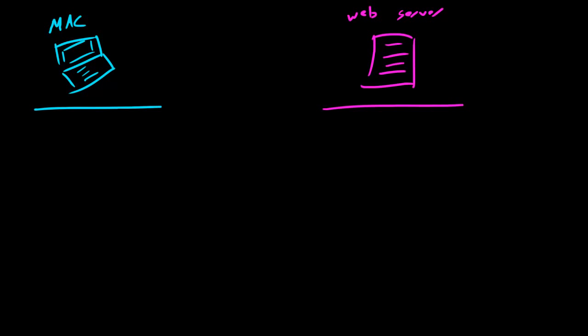It's pretty stupid. But now let's look at a conversation between two computers trying to get a website. So this is basically what happens whenever you request a website. If you're on your Mac, the first thing it does is ask the web server, can I connect to you?